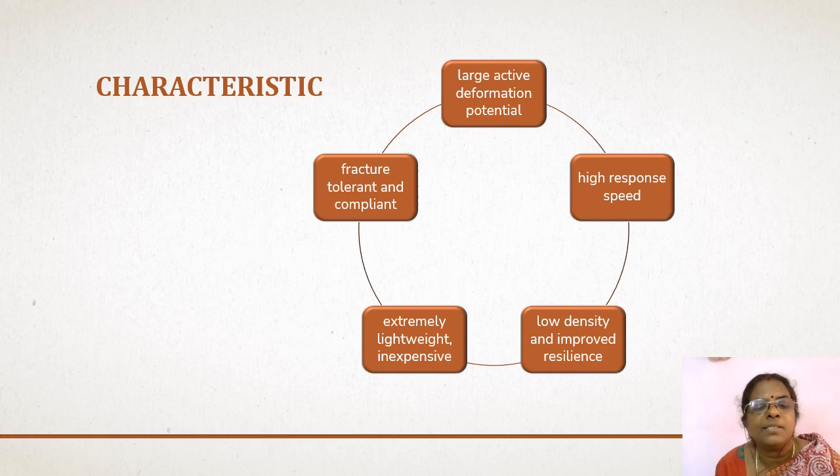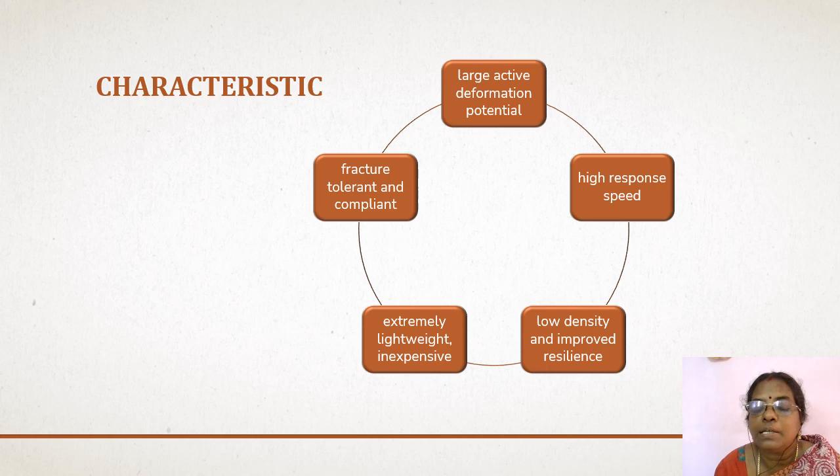What are the characteristics of an electroactive polymer? Large active deformation potentials: a small change in deformation develops a huge amount of potential, which can be sensed. High response speed: as the stimulus is applied, it immediately gives you the response, so it finds application in sensors.